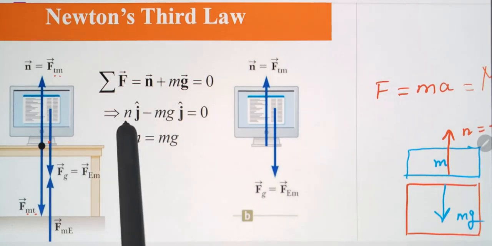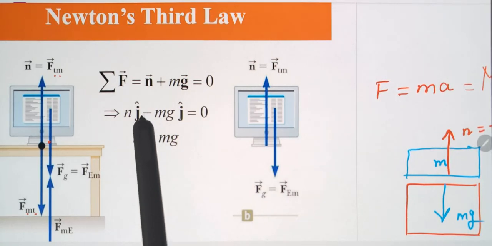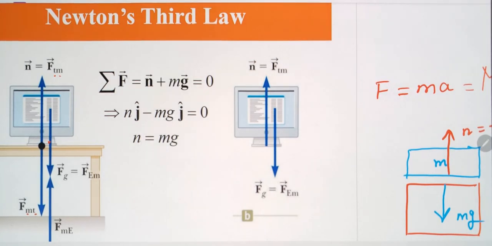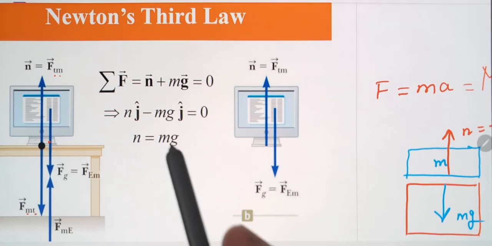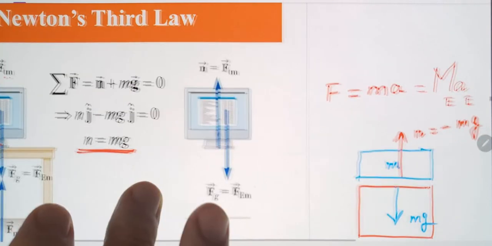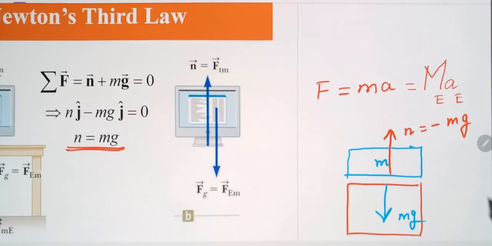So n in the j direction, unit vector j, minus mg in j, because it's pointing down, is equal to 0. That means n is equal to mg. N is equal to mg. The magnitude, well done.